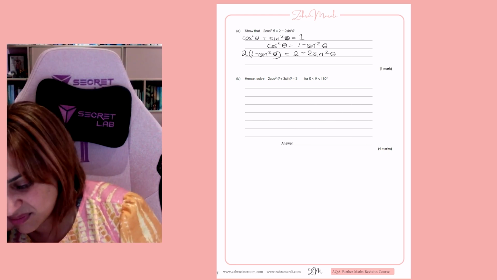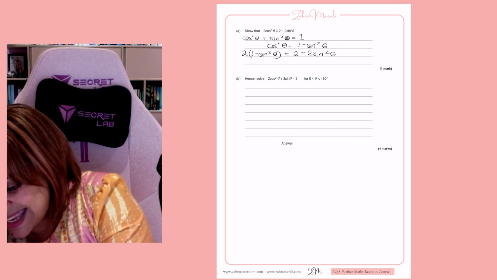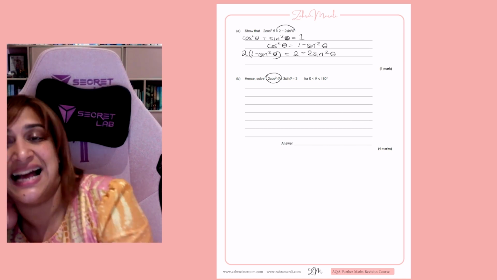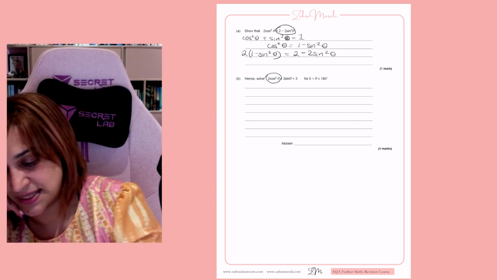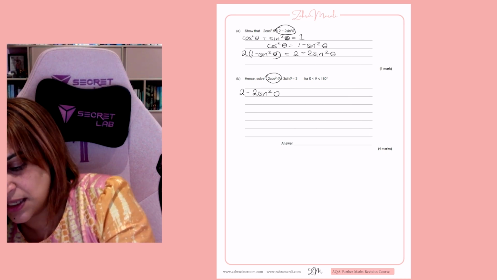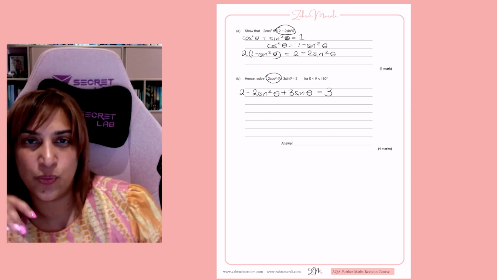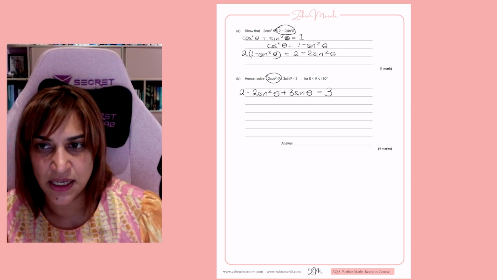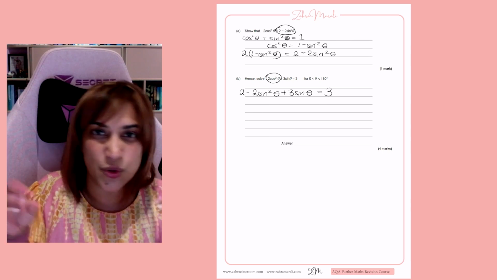So you're like, well, how does that help me? Well, we can see that this must be the same as this. So that's what we replace. So we get 2 minus 2 sine squared theta plus 3 sine theta equals 3. And when we put everything on one side, you're going to get what we call a disguised quadratic.